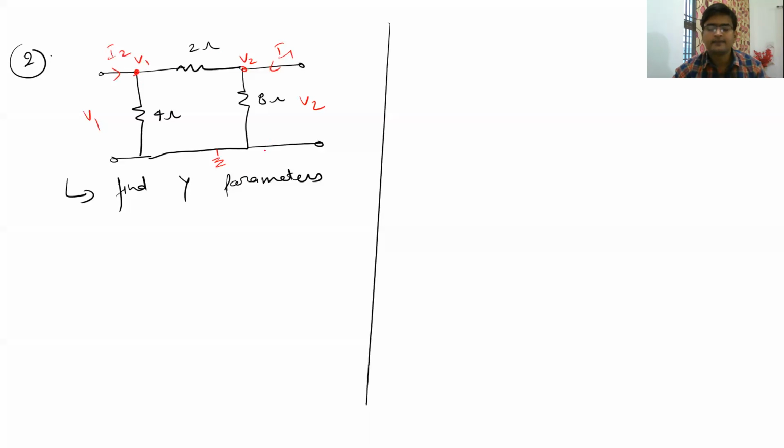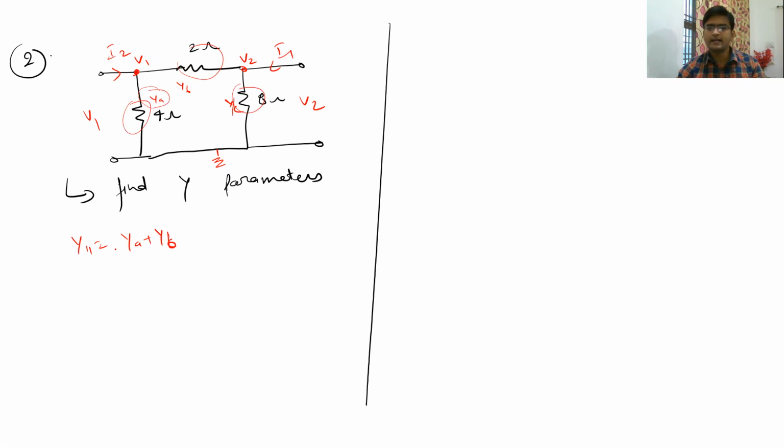The other way is that we just discussed the pi network, where you found that Y11 was nothing but Ya plus Yb, and this was the admittance of Ya here on this branch, and then the admittance of this common branch was Yb, and the admittance of this branch was Yc.